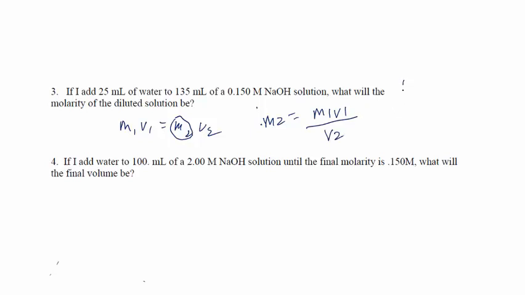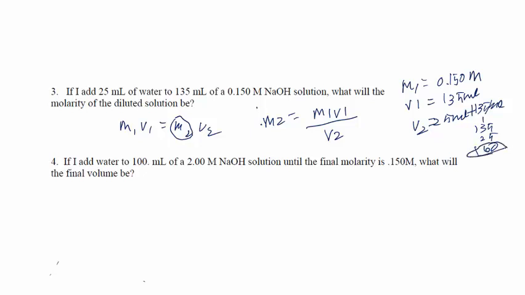So M1 equals 0.150 mole per molar. V1 equals 135 ml, and V2 equals 25 ml plus 135 ml. So 135, 25, 5 plus 5 is 10, 3 plus 3 is 6, and we have 160 ml. So V2 is 160.